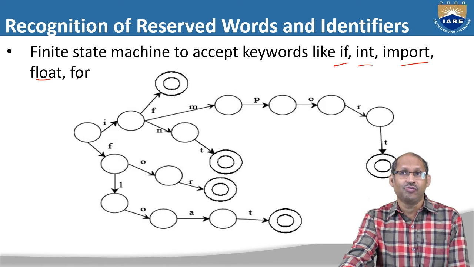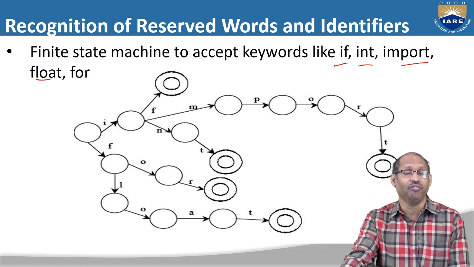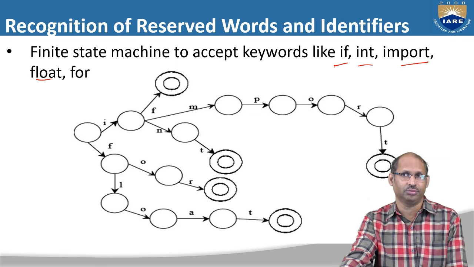So here we are representing a transition diagram for keywords, some few keywords. We can have a transition diagram which accepts all the keywords. At present we are using this transition diagram to accept the keywords, right?